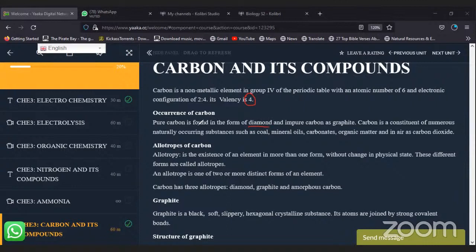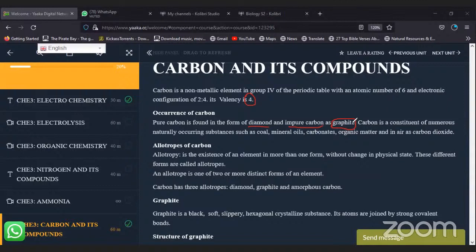In its purest form, it is found in diamond, and pure carbon can also be found as graphite. If you've not seen graphite before, when you check in most cells, the black thing in the middle, that is graphite.